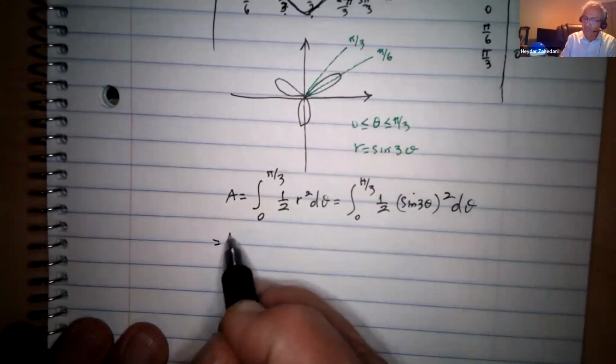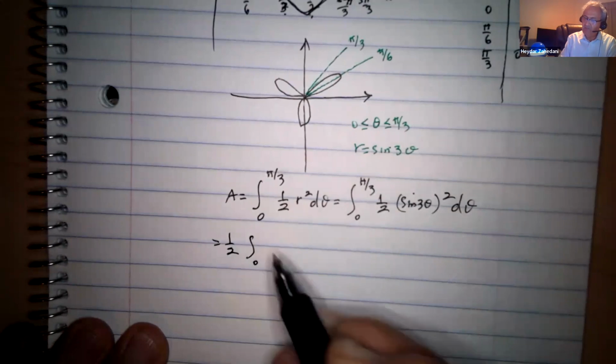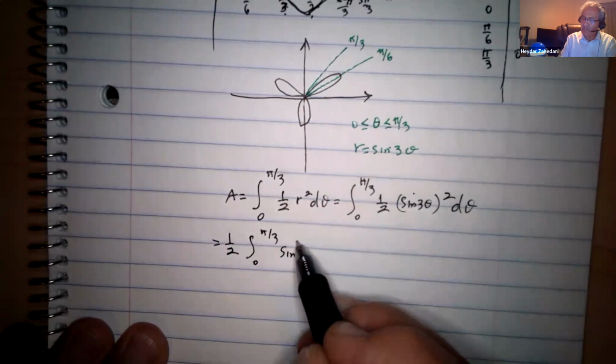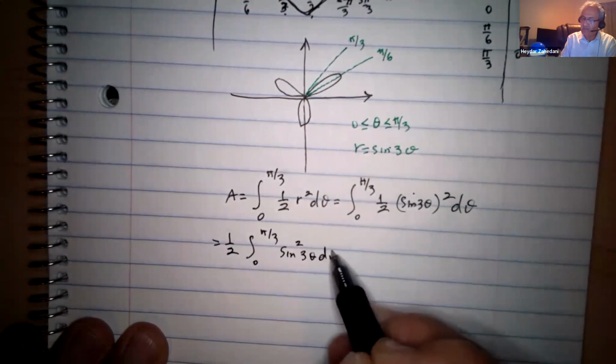So you pull out the 1/2, that gives the integral from 0 to pi/3 of the sine squared of the 3 theta d theta.